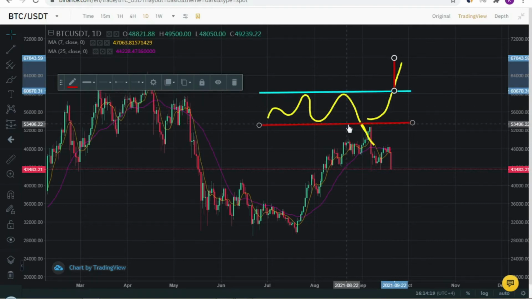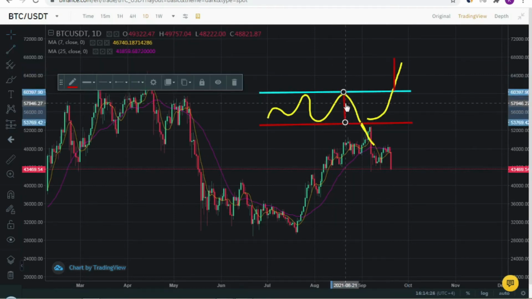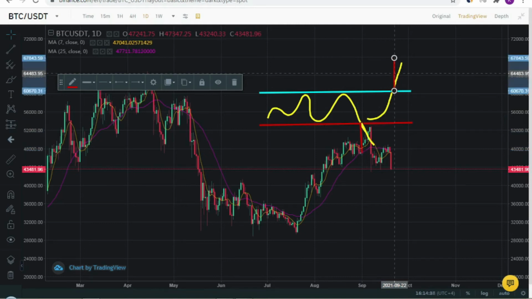If we break down here, we are most likely to go down by the same length from here to here. So you measure it like this, and this becomes your price target for the market going down. This here becomes your price target for the market going up.